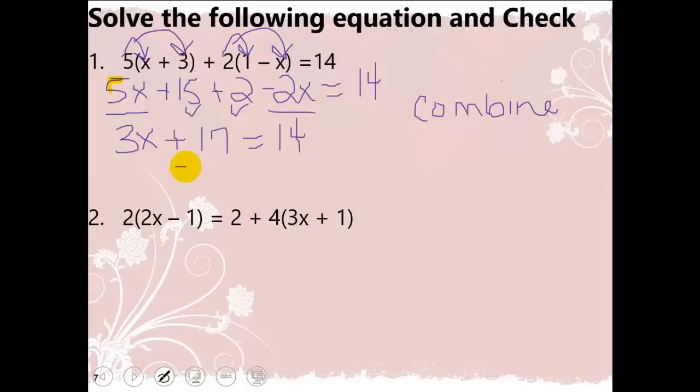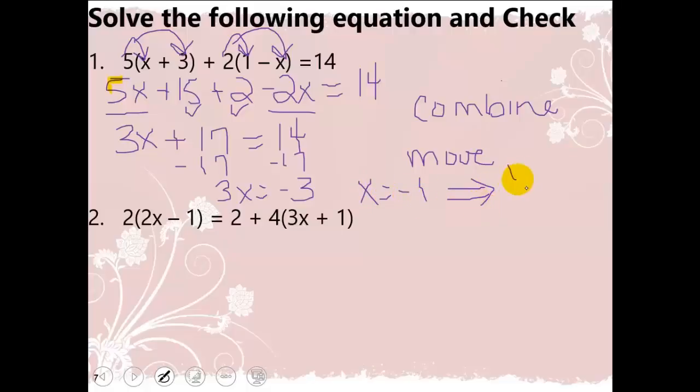I'm going to subtract 17 from both sides, and I get 3x is equal to negative 3. That's the move by subtraction. And then I get x is equal to negative 1. That is by undoing, which is through division.